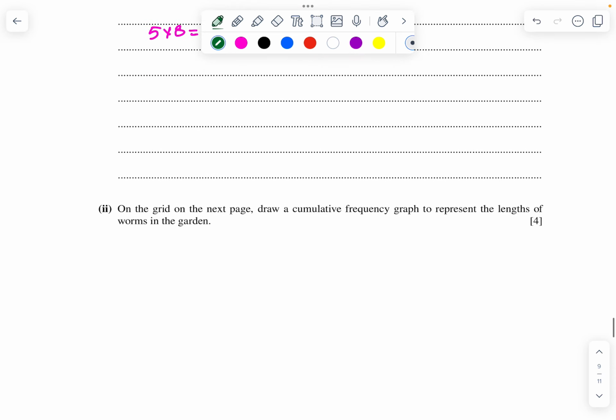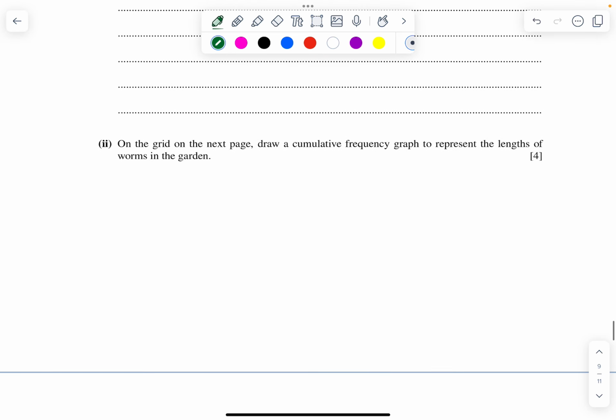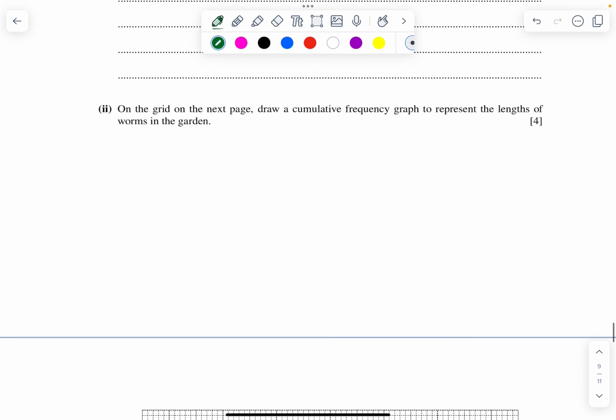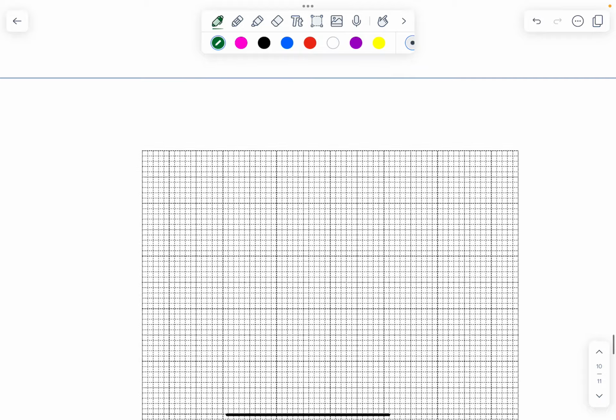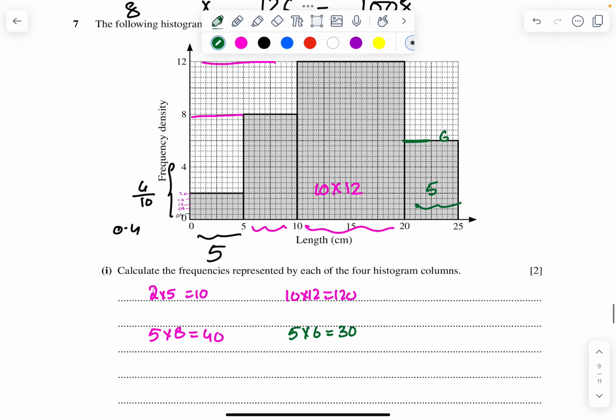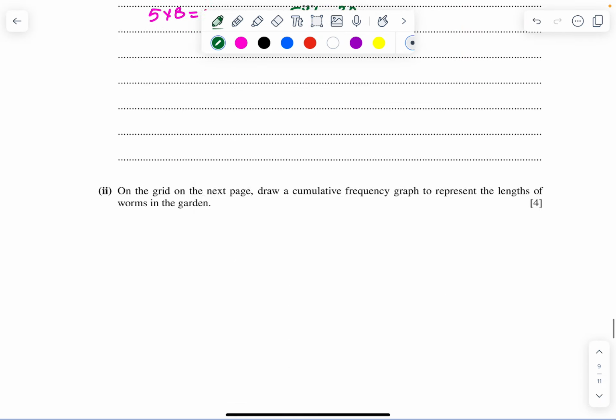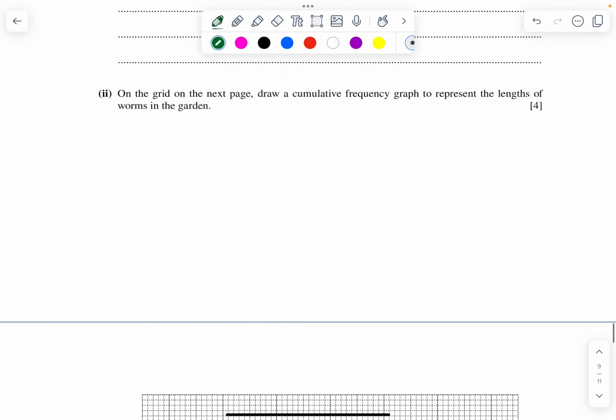Then on the grid on the next page, draw the cumulative frequency graph to represent the lengths of the worms in the garden. So we have to draw the cumulative frequency graph. So what am I going to do? We can see that length and cumulative frequency. Length less than 5, how many are there? 10 are there.